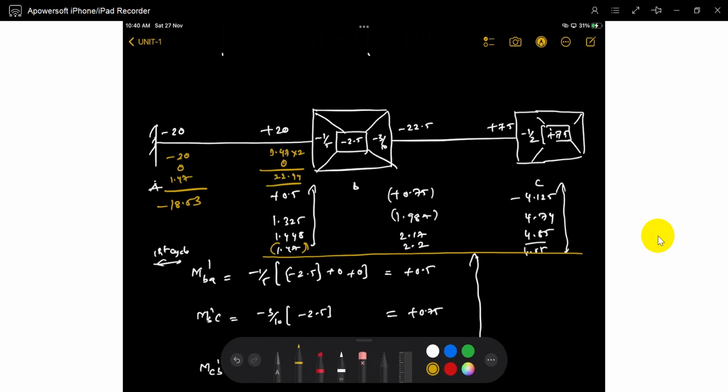Here also you can see its own contribution is 2.2. 2.2 multiplied with 2, 4.4. 4.4, foreign contribution is 4.85.